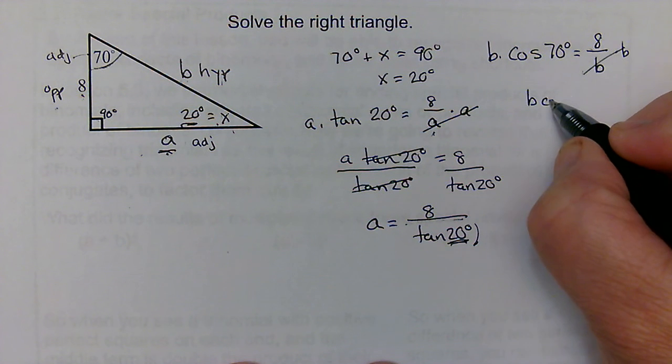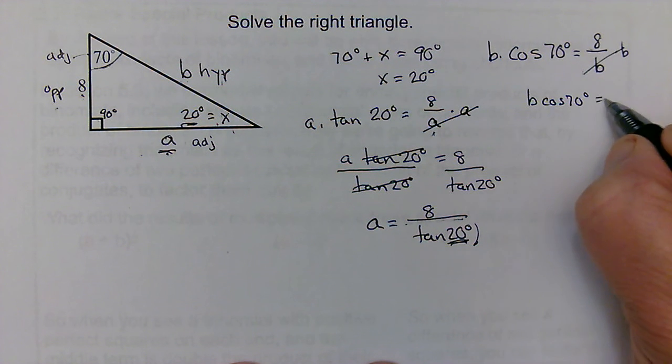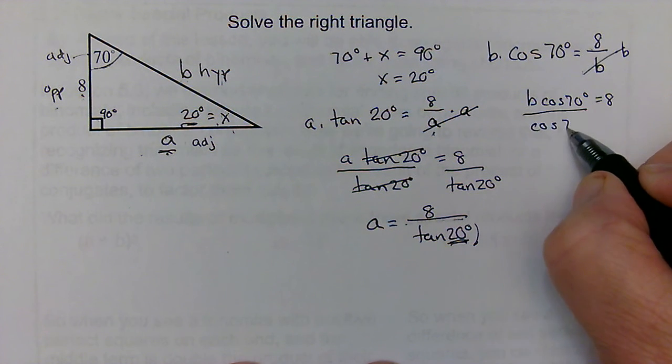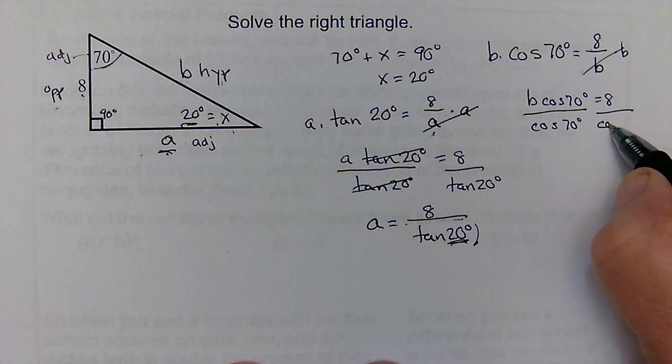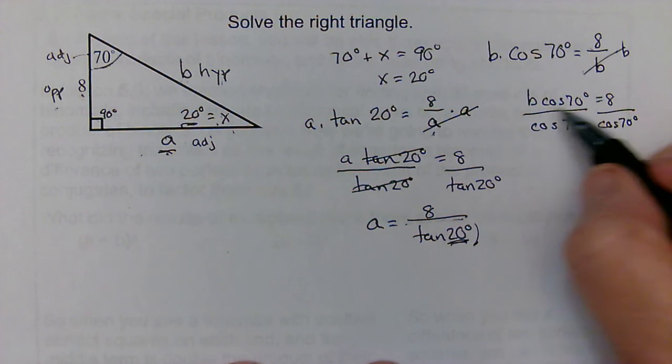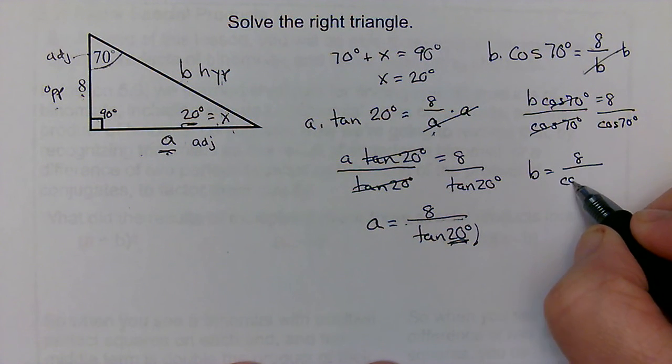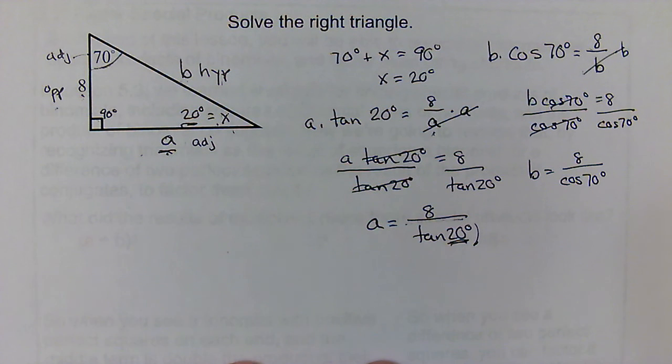And that gives me B times the cosine of 70 degrees equals 8. And then I'm going to divide both sides by the cosine of 70 degrees. So that gives me B is 8 divided by the cosine of 70 degrees. And again, you could put that into your calculator to get a decimal answer.